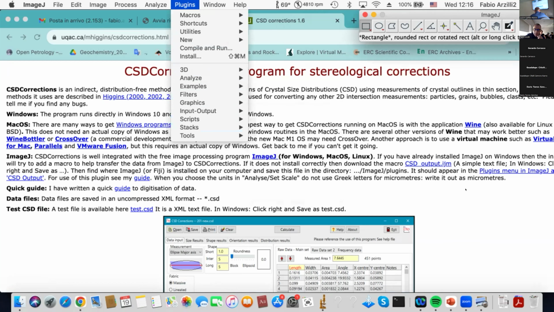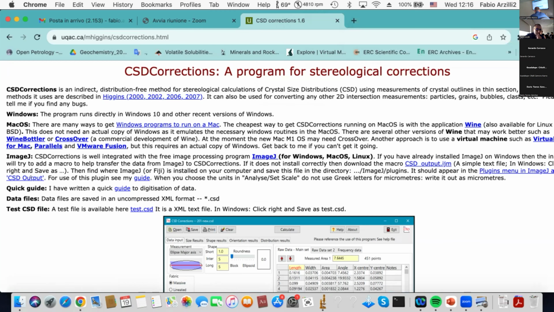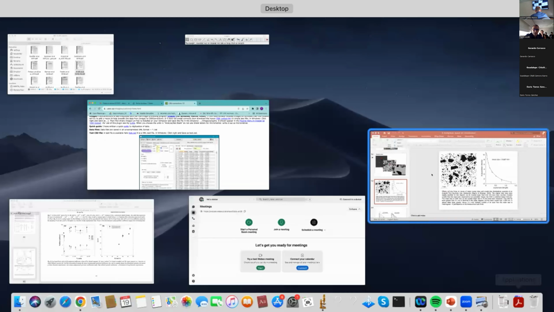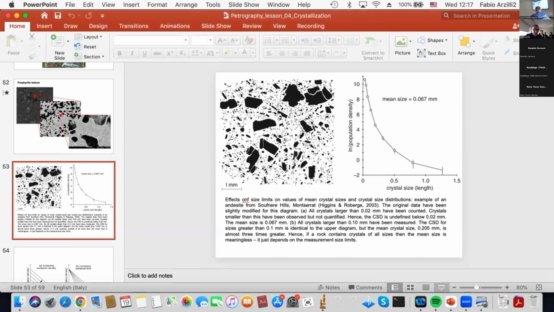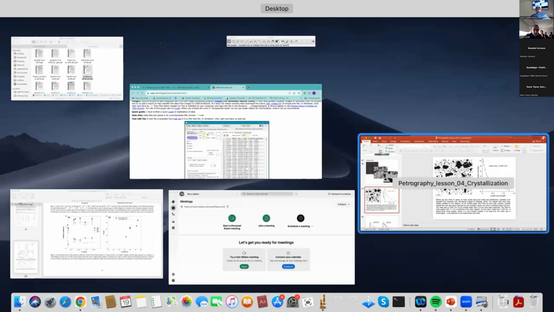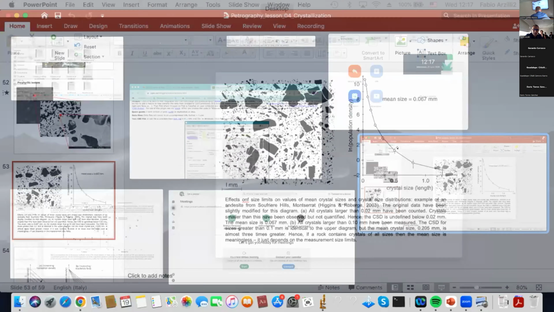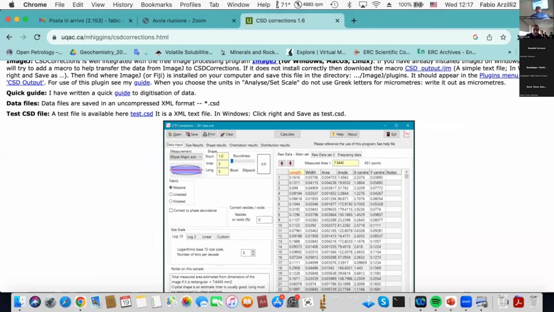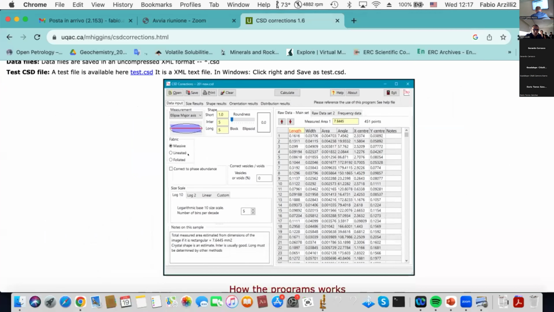But if you install the CSD Output plugin, you will find it in ImageJ under plugins. Then once you get this image, you will be able, in ImageJ, to calculate this curve using the CSD Output. You will get this, basically.